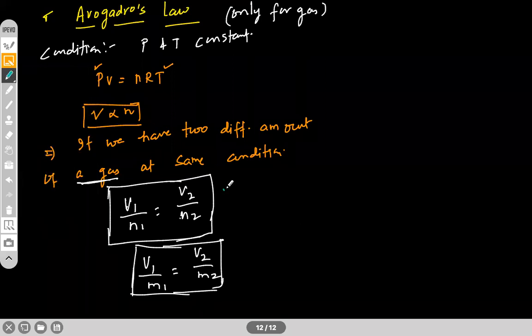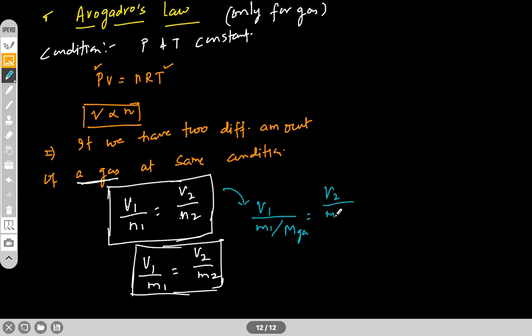V1 by m1 divided by molecular mass of the gas, V2 by m2 divided by molecular mass of the gas. Since the gas is same, the molecular mass will also be same. This will get cancelled, and hence we get this relation.